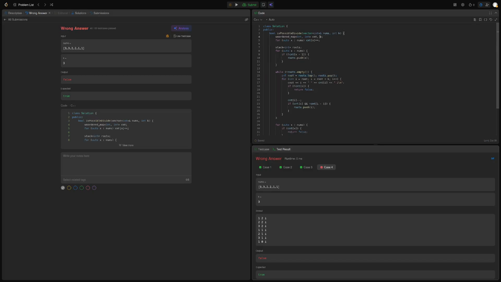Yeah, because we push it back in when count of i, because after we remove the first one, there is still one more. So we push another root. So we push 3 roots.